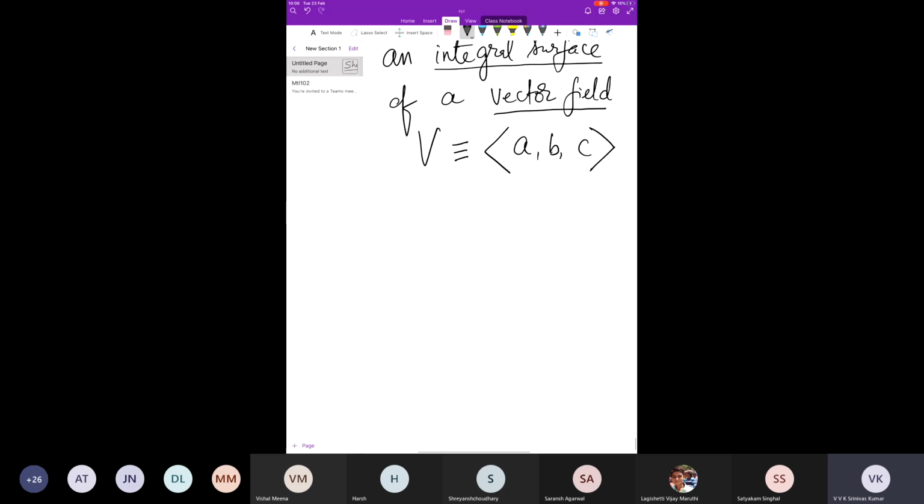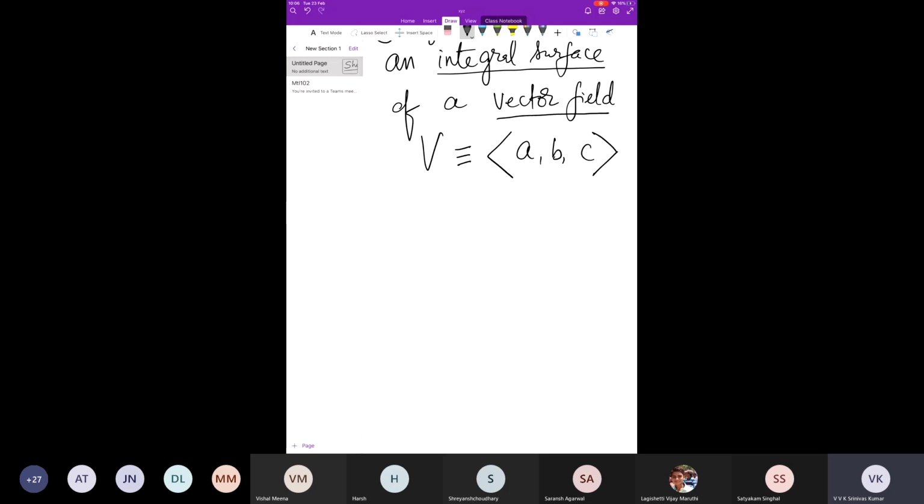Just recall what a vector field is. These A, B, C: A is a function from R3 to R, and similarly B is also a function from R3 to R, and C is also a function. So A, B, C are functions of x, y and u.